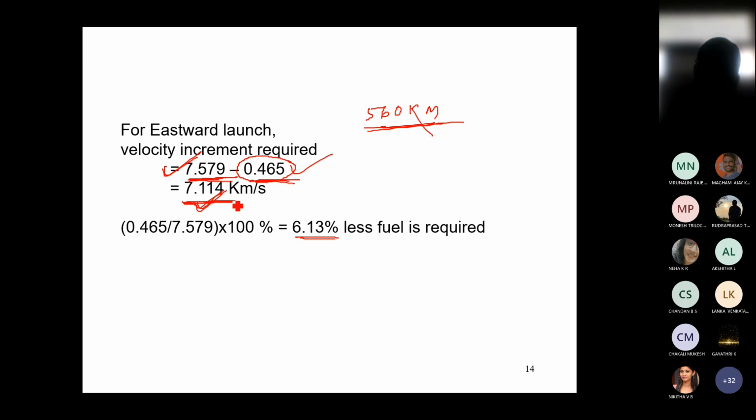But I want to launch a satellite towards the west direction at the same altitude, that is 560 kilometers from the surface of the Earth. The difference is that the Earth is rotating from west to east, but I want to launch the satellite toward the west. So what should be the velocity at which I should launch the satellite?